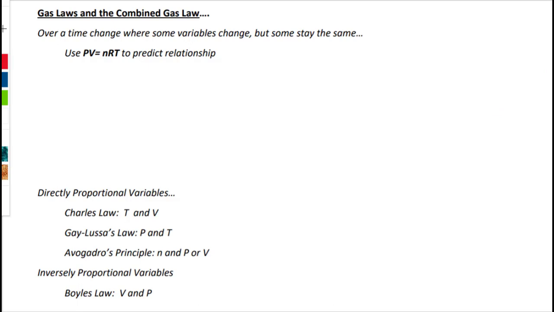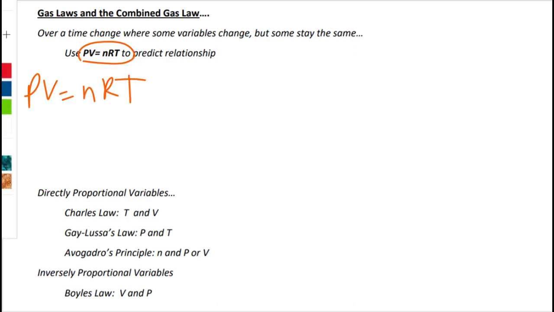So going back to look at my ideal gas law, looking at PV equals nRT. In this case, I specifically wanted to look at how volume and temperature were related. So if I look at this equation, I can see that volume and temperature are on opposite sides of the equation.